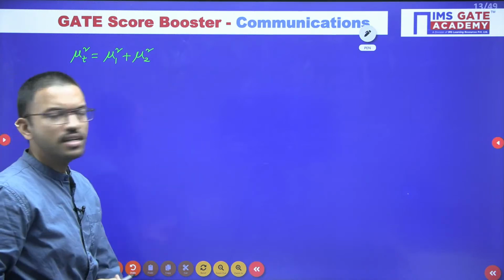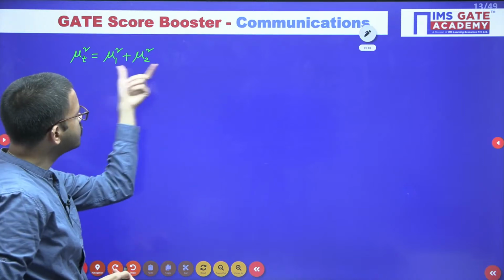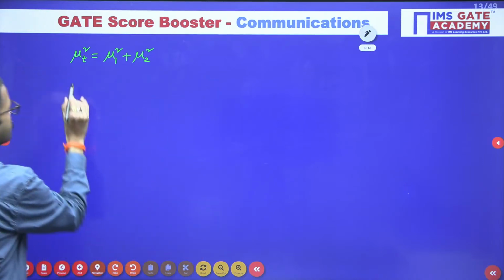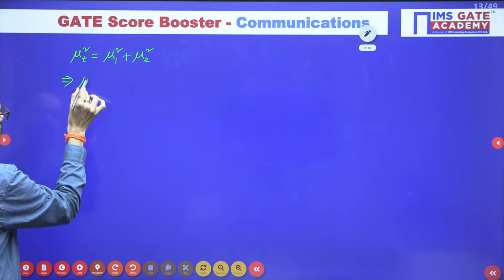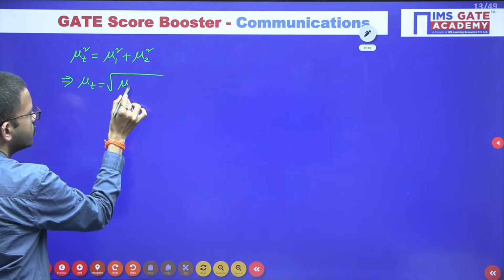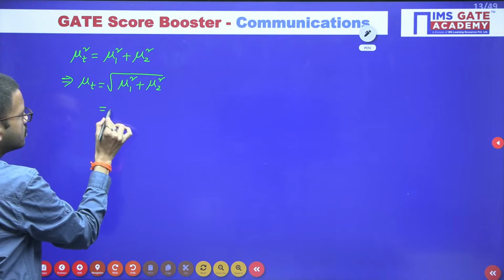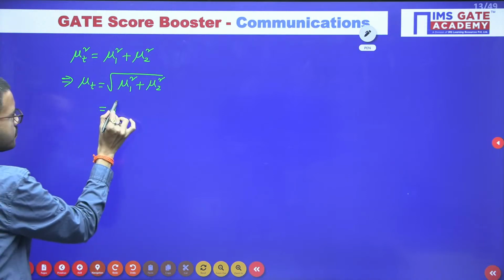If you have more than one, accordingly, however many modulation indices you have, you can continue this series. So from here, if you take the square root on both sides, you will get mu t as square root of mu1 square plus mu2 square. Now you can substitute the mu1, mu2 values here.